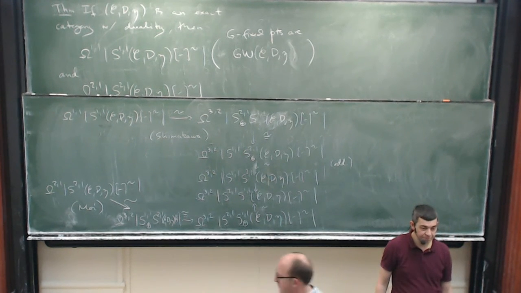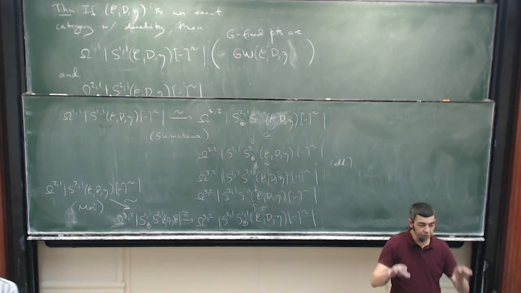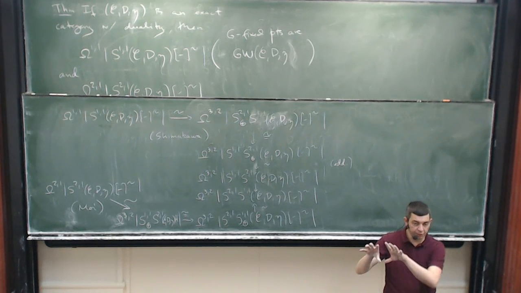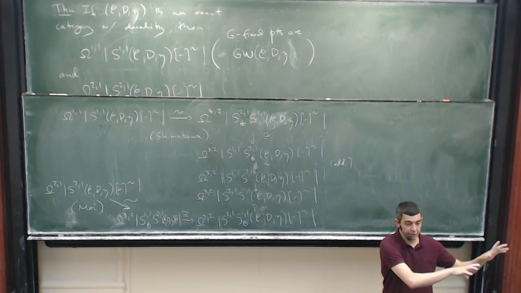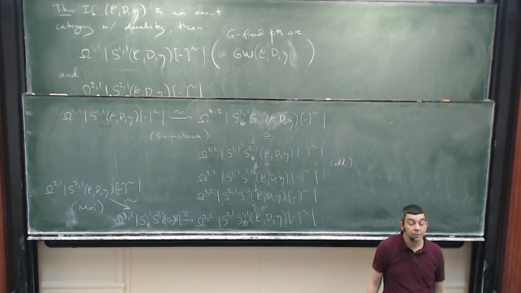So let me say that. There's a two category of categories with duality. And there's a two category of real spaces.